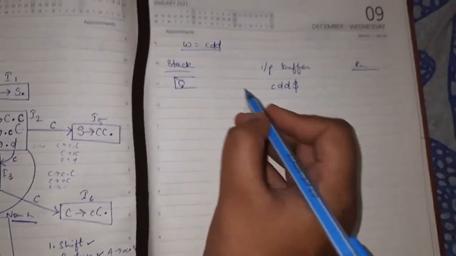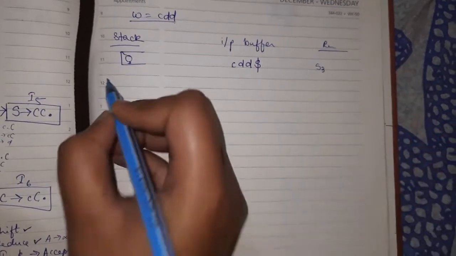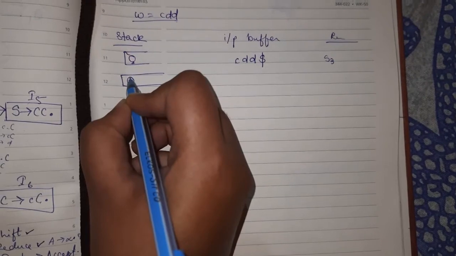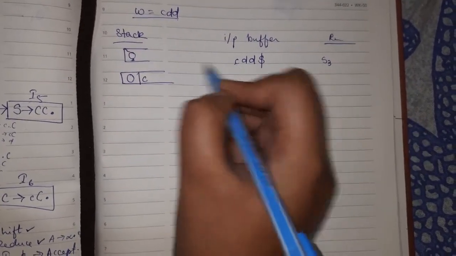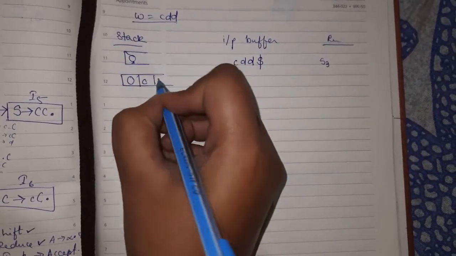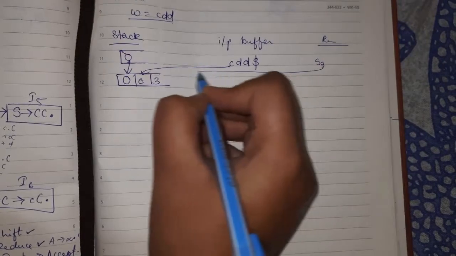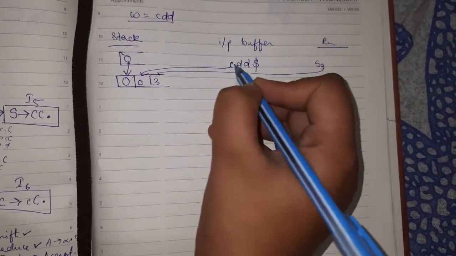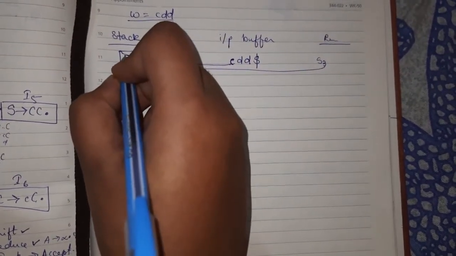So the result is shift 3. That means 0 will be same as it is, C will come, then 3 will come, then the input string. So we are shifting from input buffer to the stack.